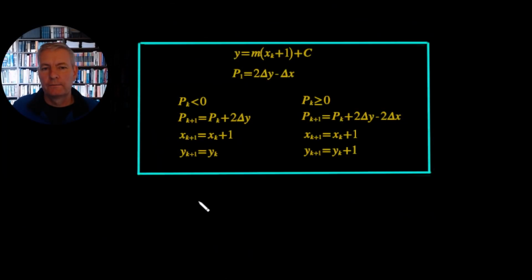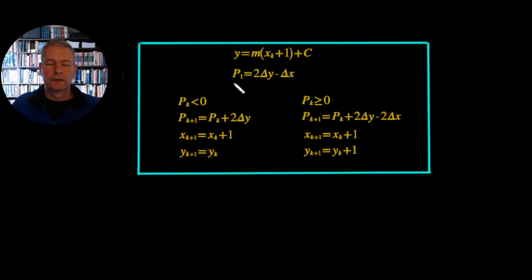So here is the algorithm. We're wanting to draw a line y is equal to mx plus c, and we've got this xk because we're telling it we want to draw a line a pixel at a time. So xk plus 1 is going to be the next pixel.